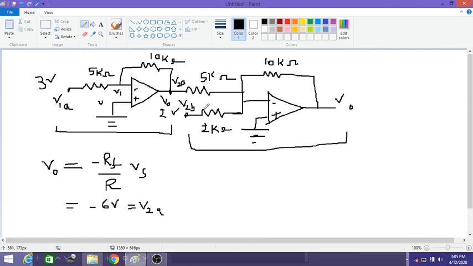Now if you see the summer, the resistor values are not the same, therefore we have to apply the first equation from our summer circuit.